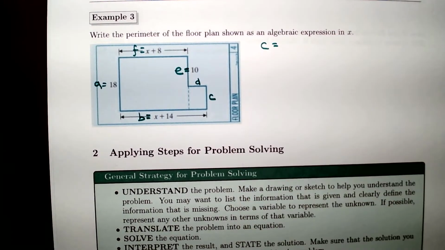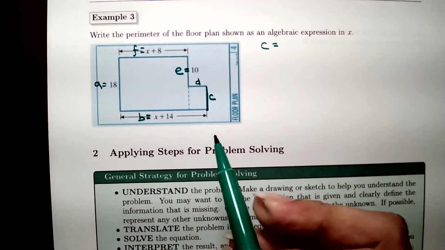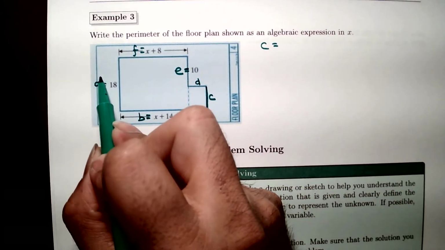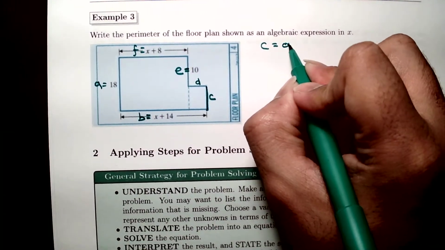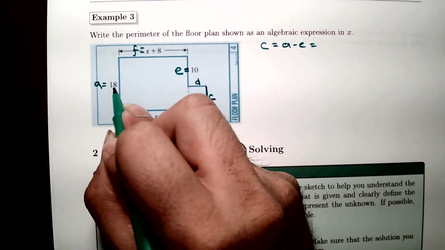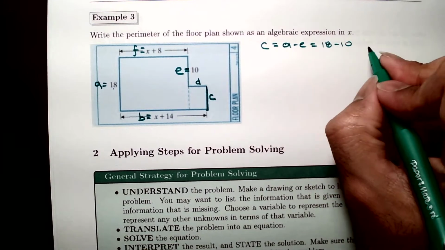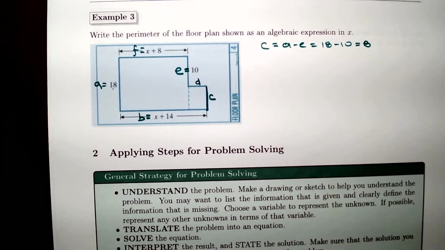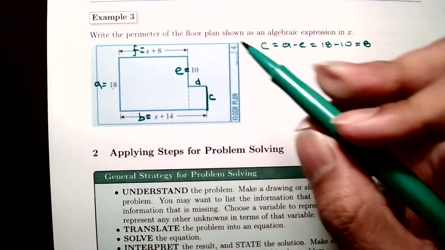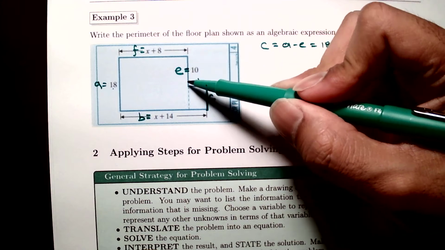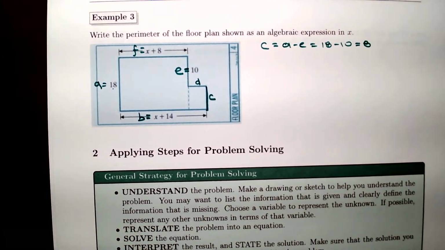We can get this quantity C by subtracting E from A, that is A minus E, which is 18 minus 10, which in this case is 8. See what I'm doing? We know the total height, which is 18, and we already know some part of the height, which is 10. The remaining part, by difference, is going to give us C.